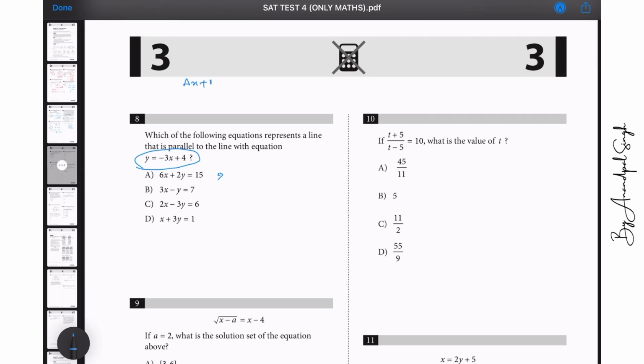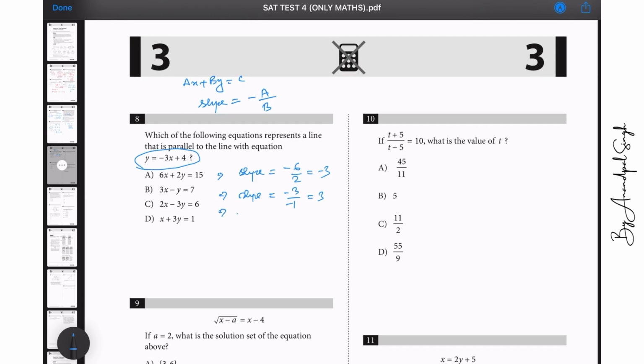If ax plus by equals c, then the slope is negative of the coefficient of x over the coefficient of y. So here the slope is negative 6 over 2, that is negative 3. Here the slope is negative 3 over negative 1, that is 3.